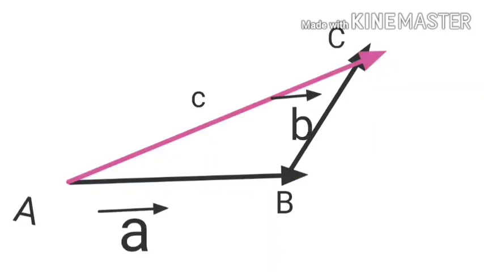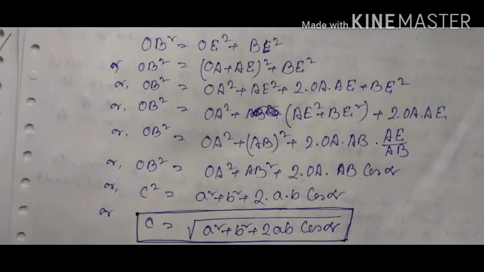To find the magnitude, we will draw a perpendicular BE from point B to the extended OA. Now the angle between the two vectors is alpha as shown in the figure. Let the angle between A vector and C vector be theta. According to this figure, OB square is equal to OE square plus BE square.